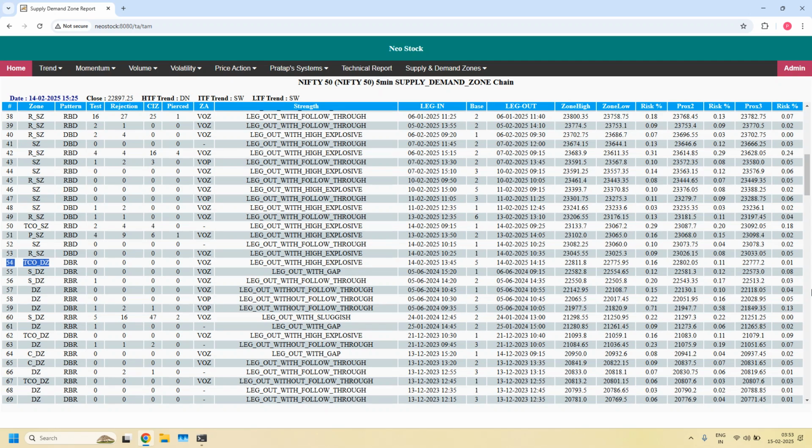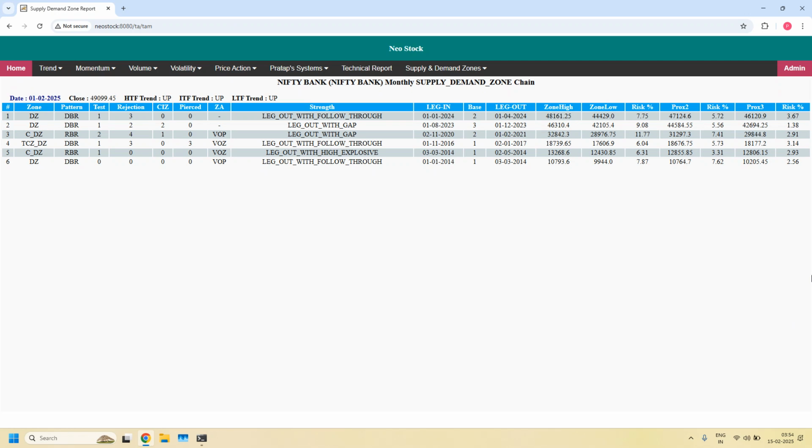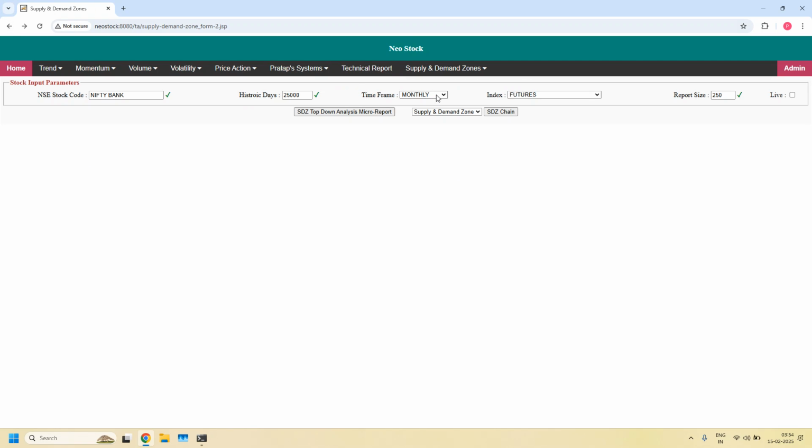Next we will look into Bank Nifty supply demand zone chain. That is nothing but Nifty Bank. So I am generating the monthly supply demand zone chain for Bank Nifty. Next, weekly supply demand zone chain for Bank Nifty.